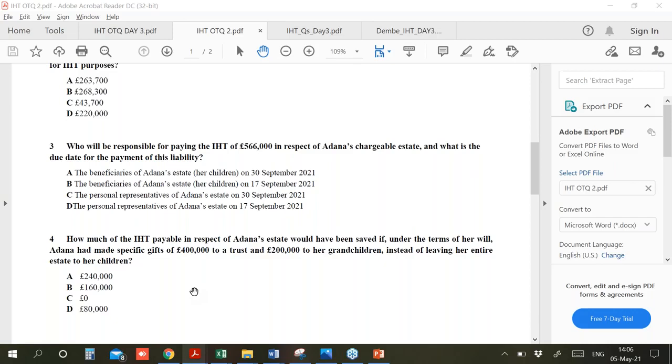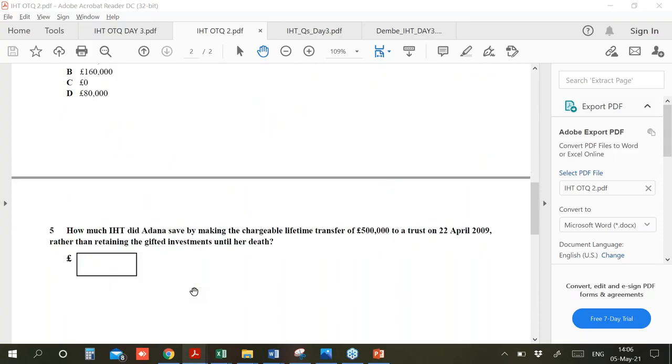So we'll check that by reading the question. Then, how much did Adana save by making a chargeable lifetime transfer of 500,000 to a trust on 22nd April 2009? So these are our requirements. Now we'll be reading the scenario and let's see what the correct options are.